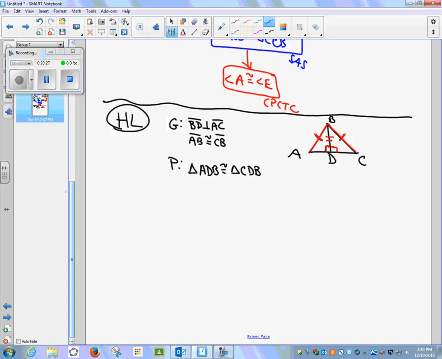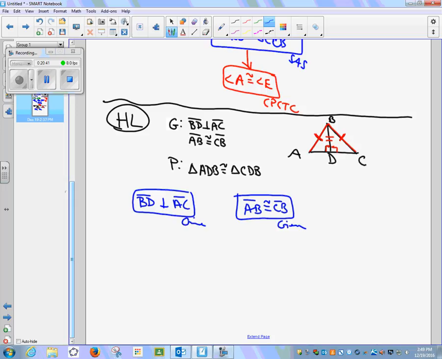So this proof needs how many congruent statements? HL uses how many congruent statements? Two. One for H, one for L. What's that third thing have to be then?